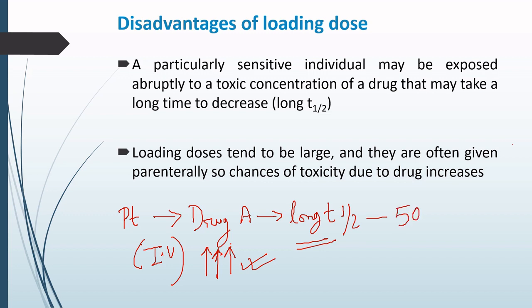That is, suppose we are giving 100 mg, then the time taken by the drug to reach 50 mg, 50% of its initial volume, will be the T-half of a drug. So since this T-half is very high, the elimination of the drug will also be slower.